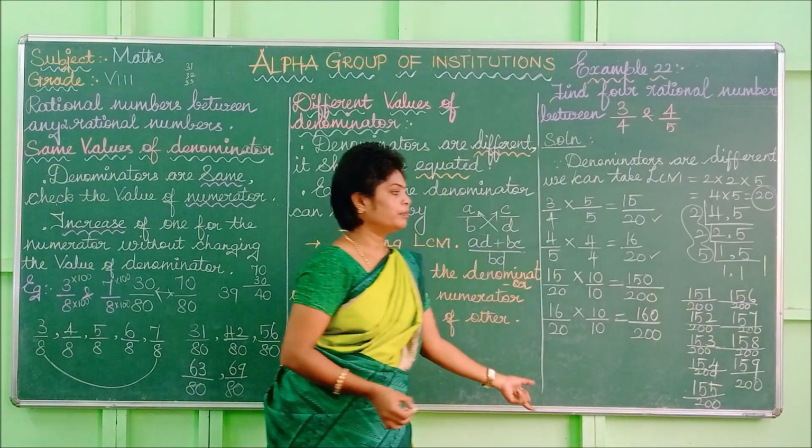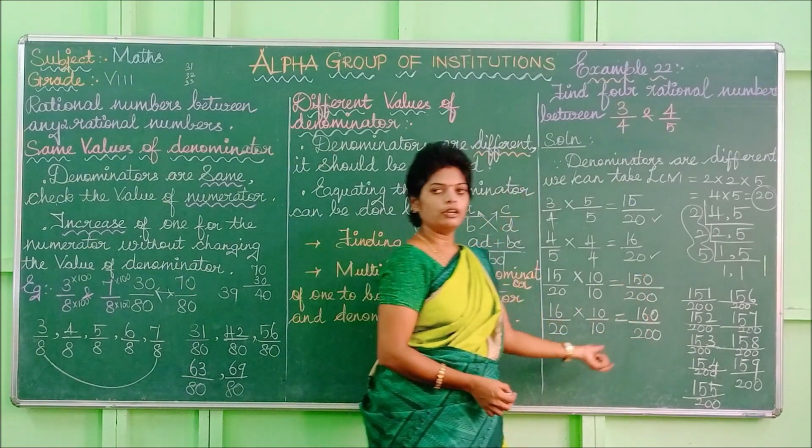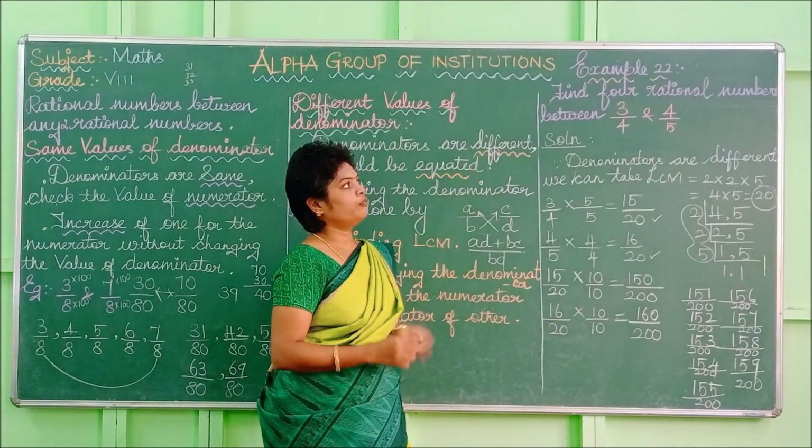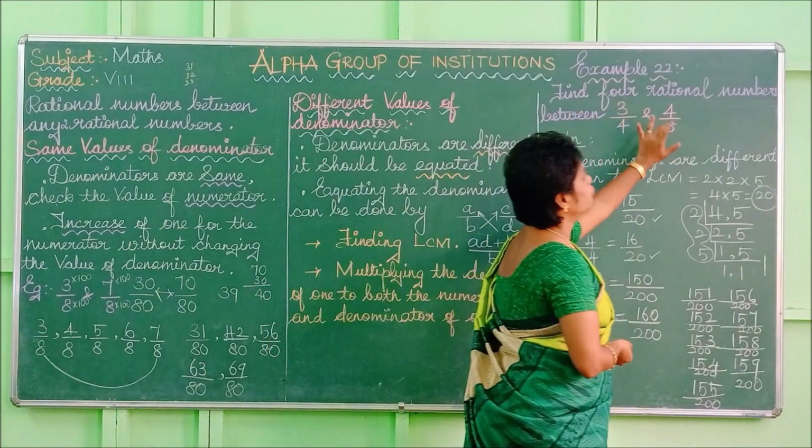So these are the possibilities in between 150 by 200 and 160 by 200. They asked you to find 4 rational numbers between 3 by 4 and 4 by 5.